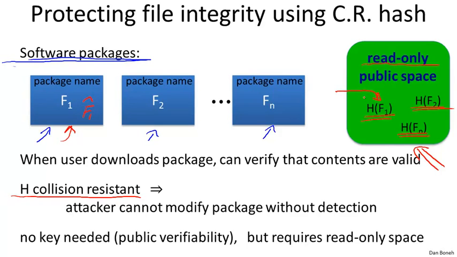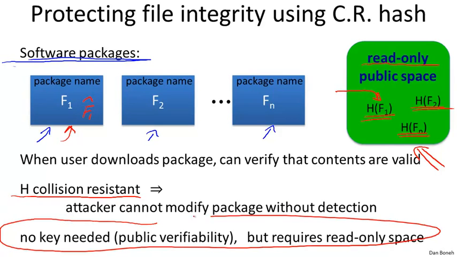The reason I brought up this example is I wanted to contrast this with the MAC example. We kind of saw a similar situation with MACs. In the MAC example, we needed a secret key to verify the individual file tags, but we didn't need a resource that was a read-only public space. With collision-resistant hashes, we get the exact complement, where in fact we don't need a key to verify.